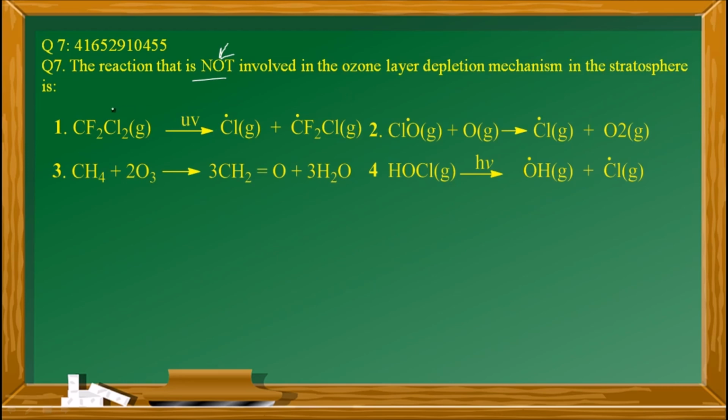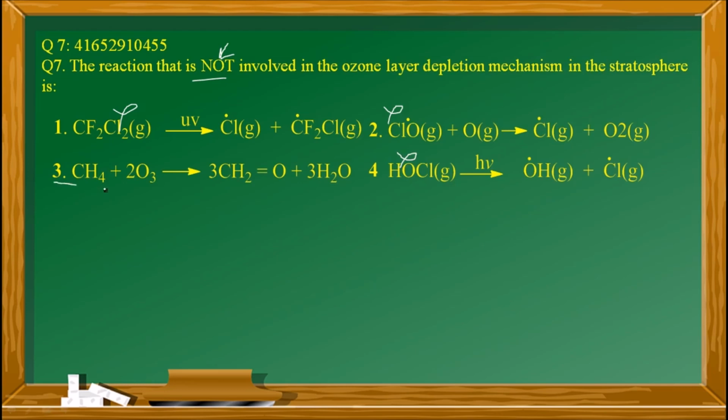So option number 1 you may straight away choose. But they are asking 'not involved', so this option is not correct. Difluorodichloromethane is involved in ozone layer depletion, but they are asking 'not involved', so this option is not correct. Whereas this chloro compound also causes depletion. What about hypochlorous acid? Yes, this also causes depletion.